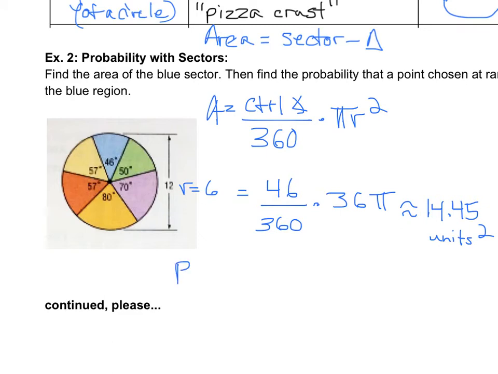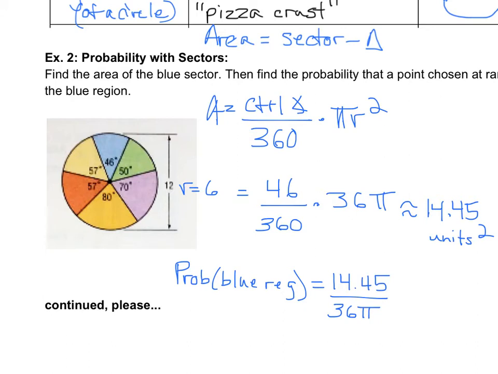Then, if I want to find the probability of getting in just the blue region, I'm going to take that number that I just came up with, 14.45, and divide that by the total area of the circle, which is 36 pi.